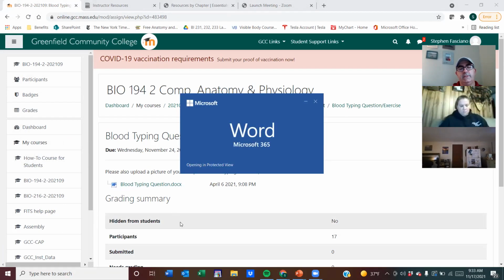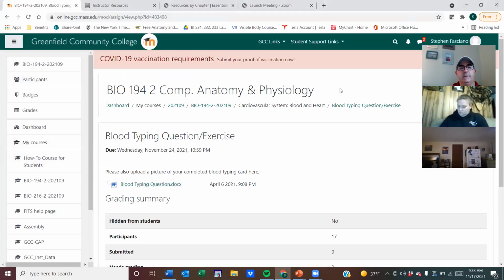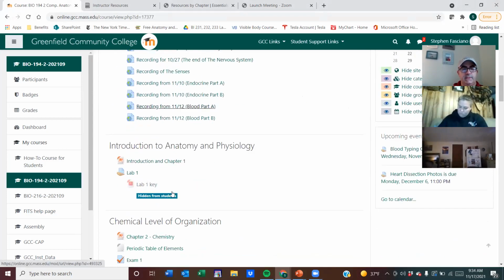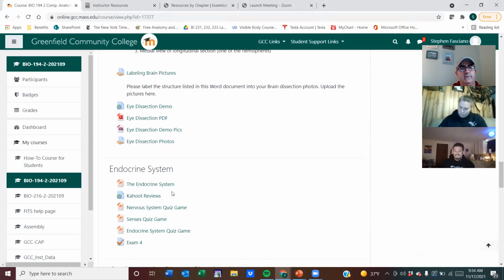What I want you to do in addition to that is also take a picture of your blood typing card. So I want you to answer this question. And I also want you to take a picture of your blood typing card to see what your blood type is, and just upload all of that. And that will count as your lab for this exercise. So all of that is down here under the blood.